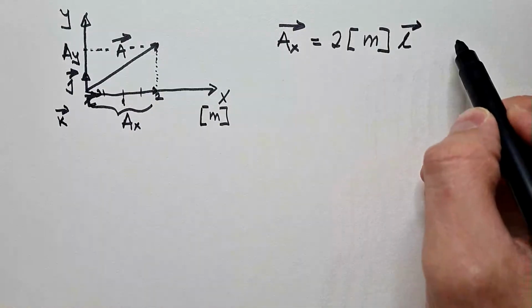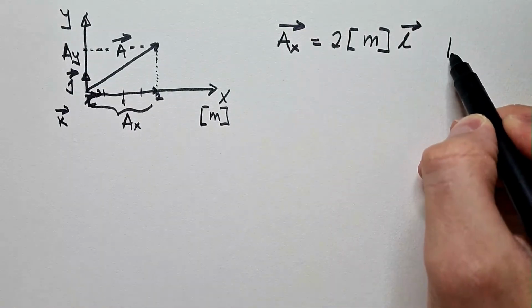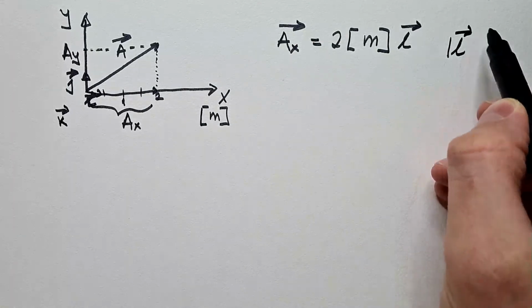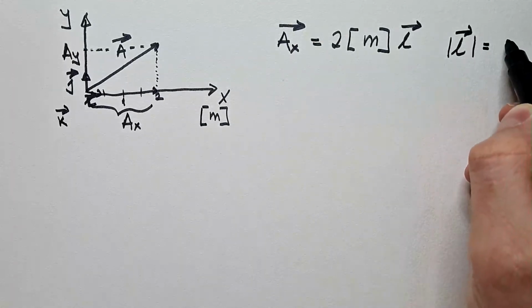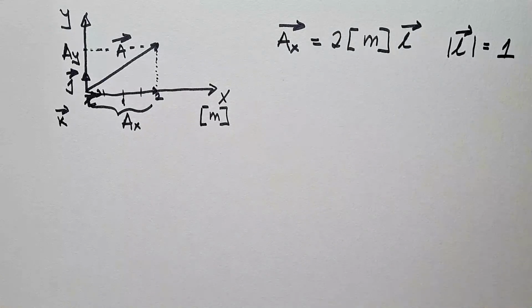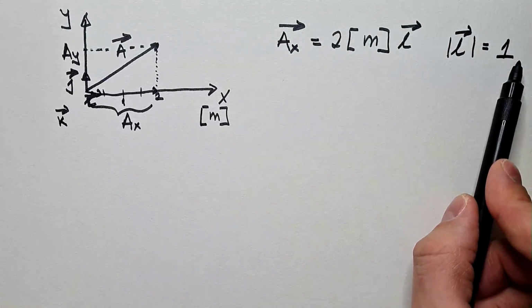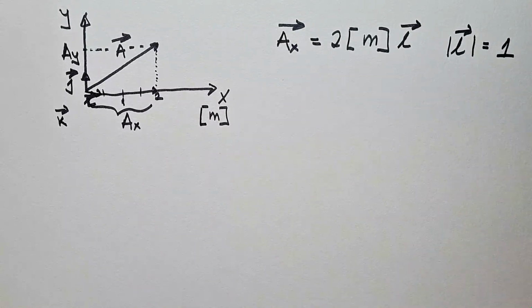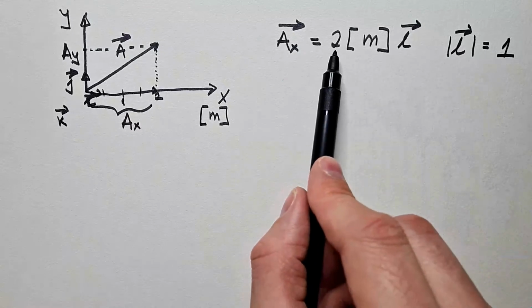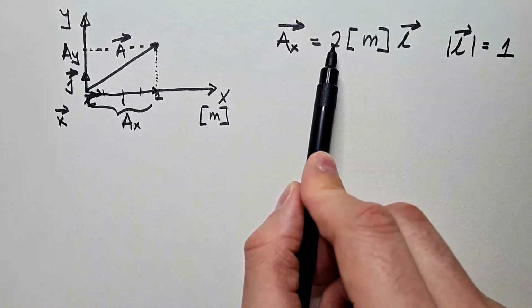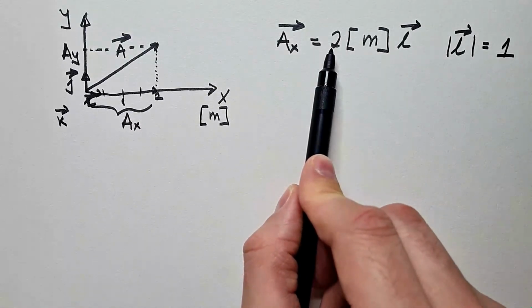Now please notice that the intensity of unit vector i is 1, but there are no units associated with it because units are in the part that describes the magnitude.